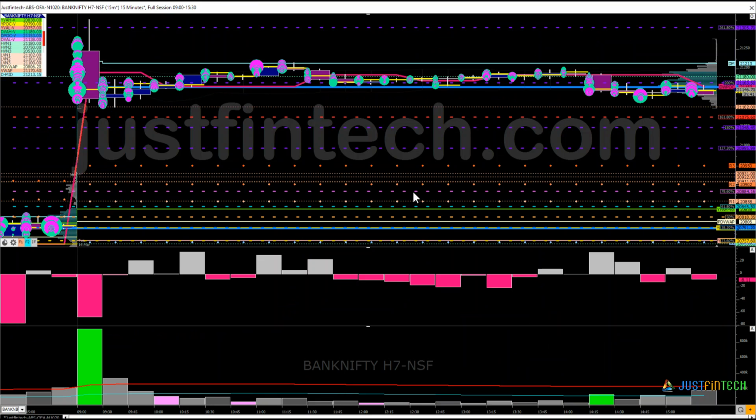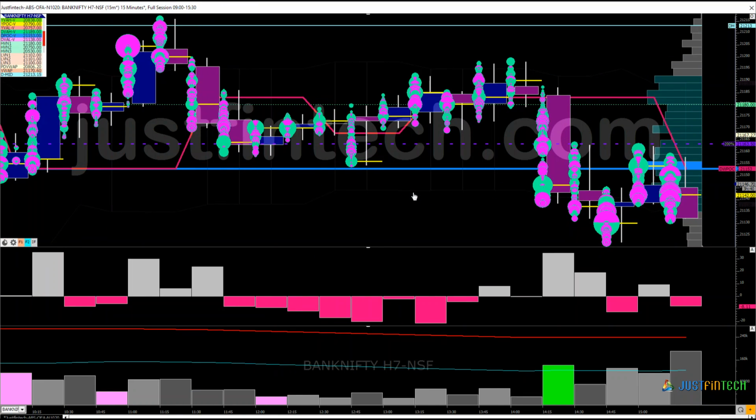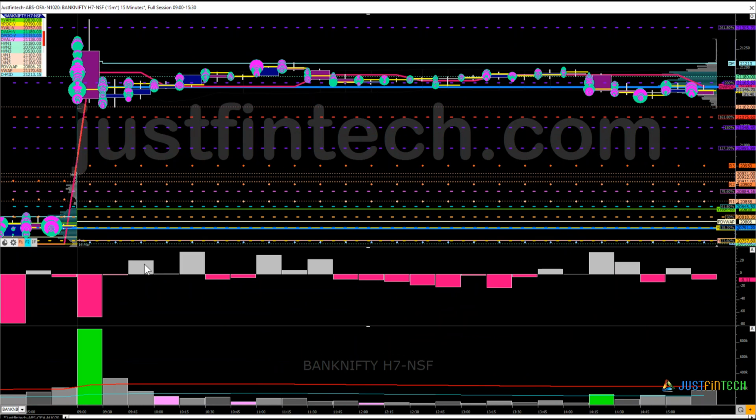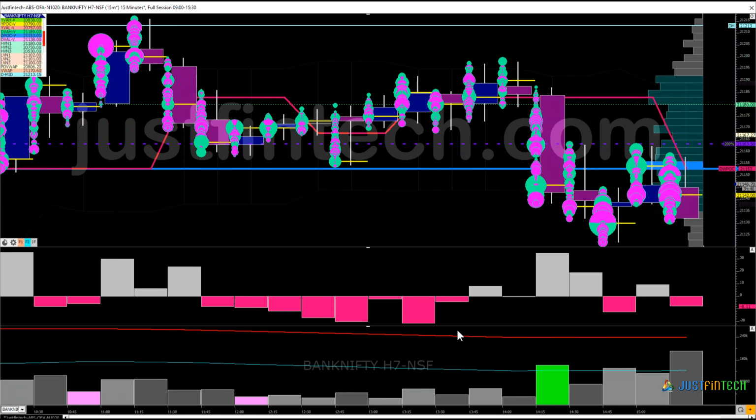Now on the 15 minute or everything similar, we get a huge long liquidation in the first bar, and then everything is bought into. That creates an up move, but then they just sell into that up move.